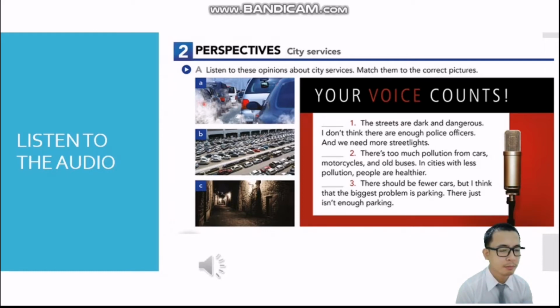I don't think there are enough police officers. And we need more streetlights. There's too much pollution from cars, motorcycles, and old buses. In cities with less pollution, people are healthier. There should be fewer cars, but I think that the biggest problem is parking. There just isn't enough parking.